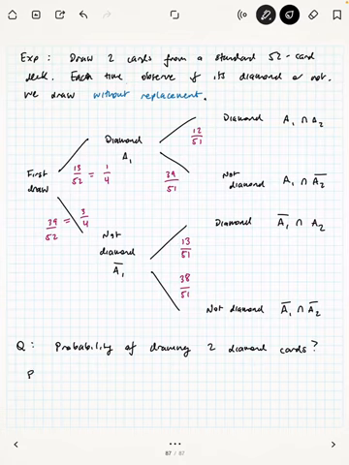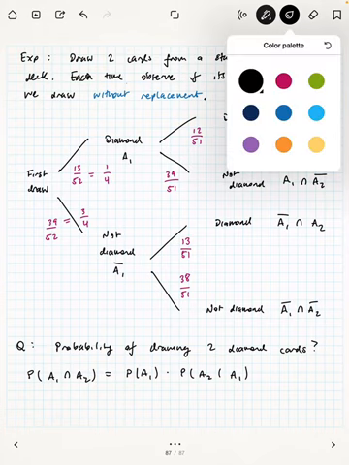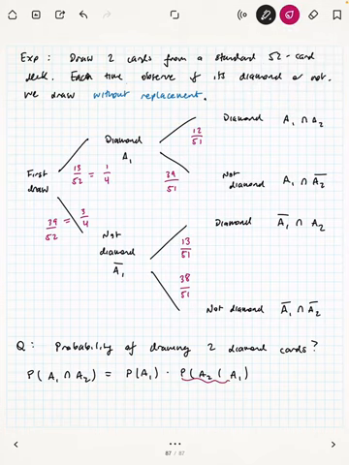So the probability of A1 intersection A2 is the probability of A1 times the probability of A2 given A1 has occurred. And this probability is not the same as just the probability of A2 because it actually does depend on what happened with A1. So the selection of the first card impacts and affects the likelihood of the selection of the second card.